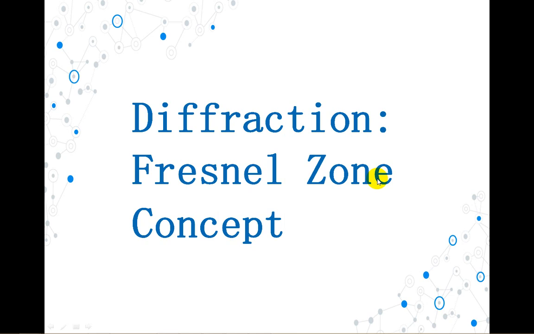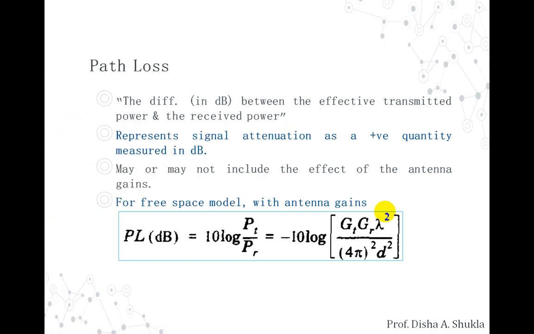So actually, in diffraction we go through the path loss. We are basically discussing what path loss is and how the Fresnel zone affects this path loss. Starting with path loss: path loss is the difference between the effective transmitted power and the received power.